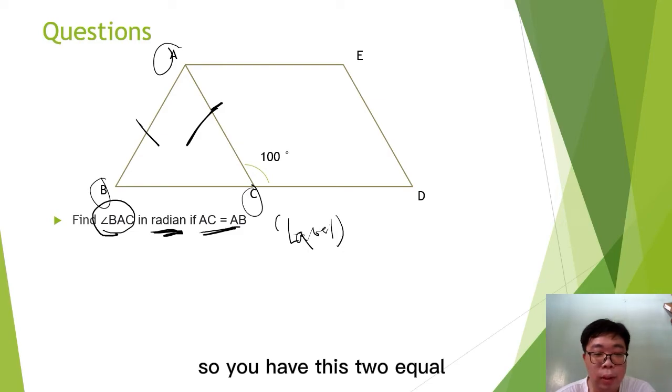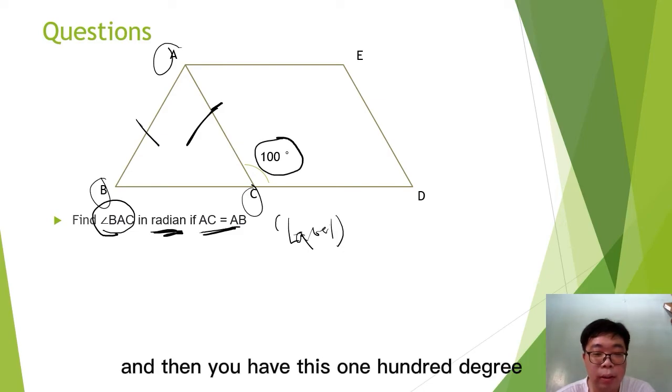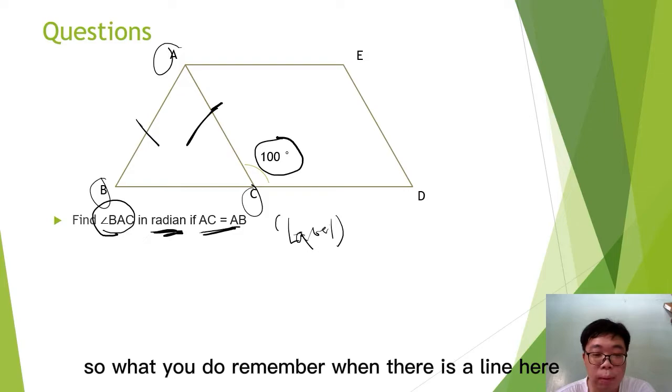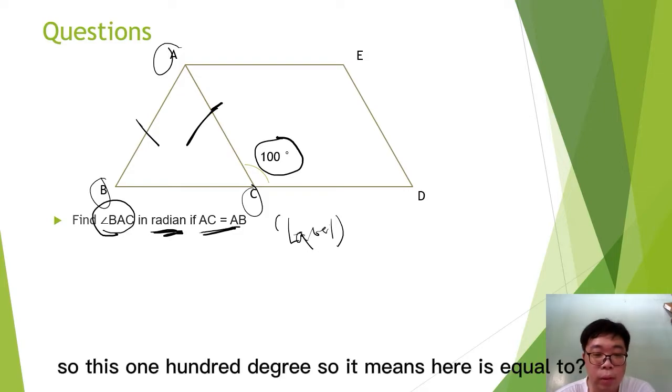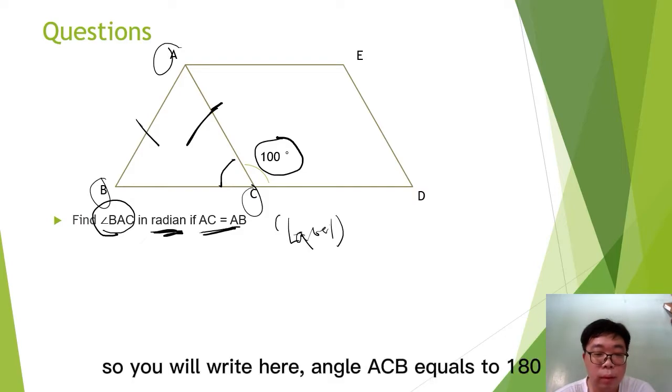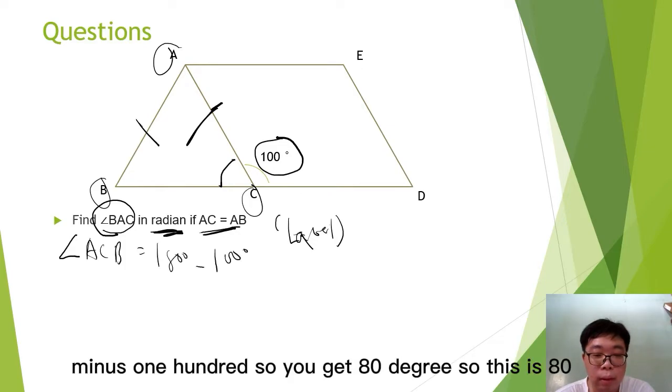So we have these two equal, and then you have this 100 degree. Remember when there is a straight line here, so you will write angle ACB equal to 180 minus 100. So you get 80 degree.